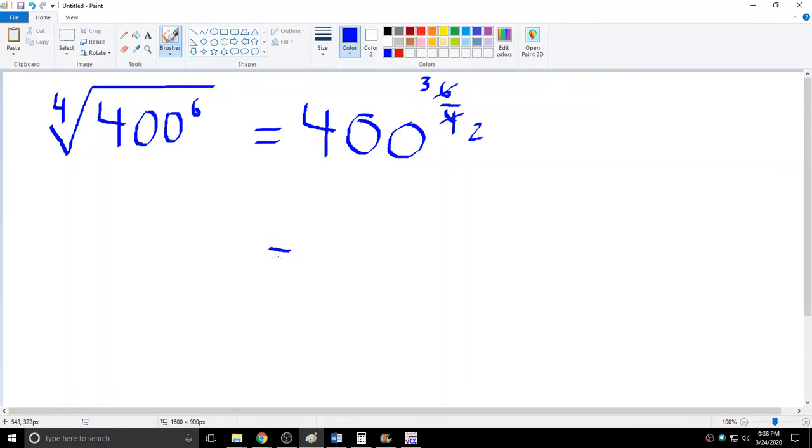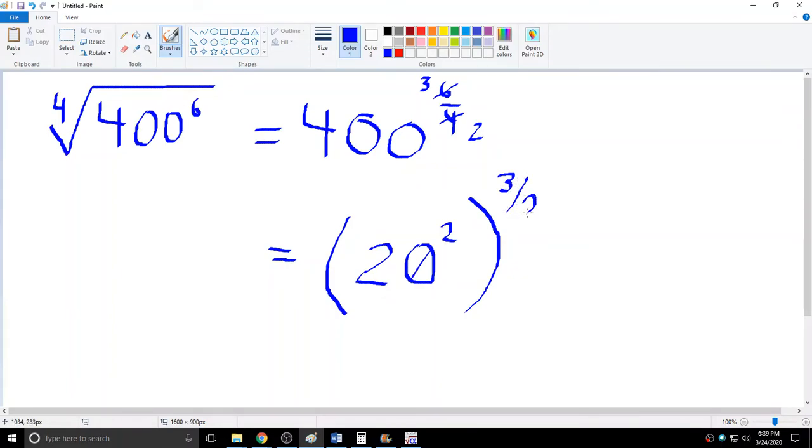It's 20 squared. And I'm saying that because I see that that square will actually cancel out with the 3 halves. So this is just you planning in advance to simplify the exponents.